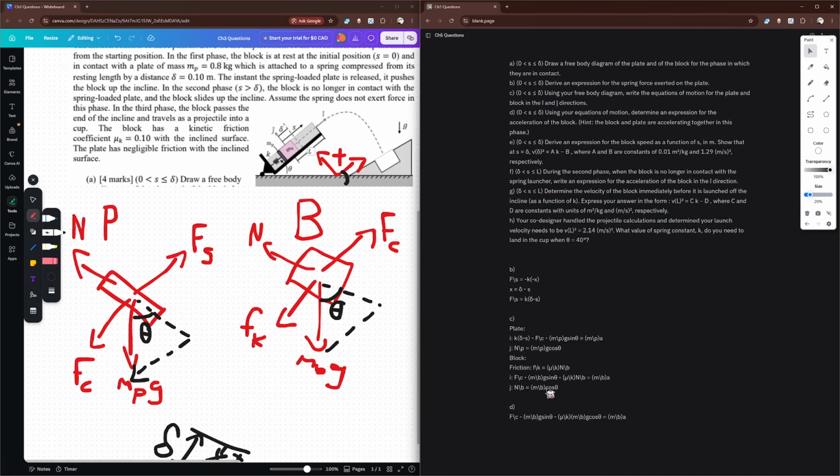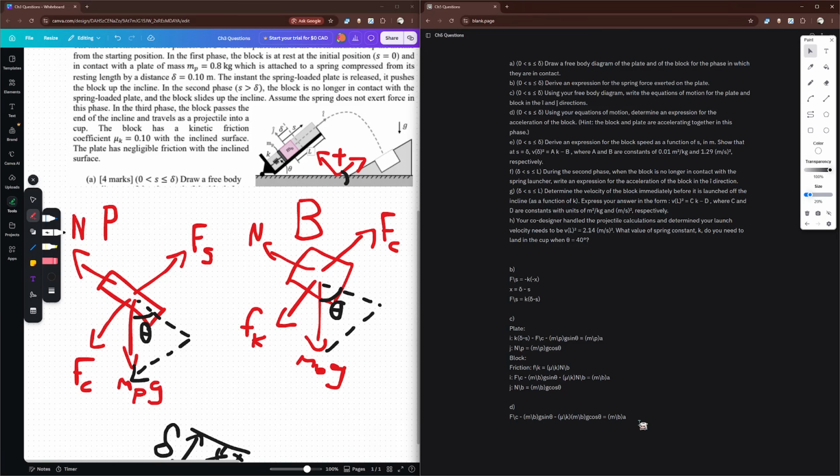I forgot a g here, so there's supposed to be a gravity here. That gives us this Fc. If you were counting our equations, we now have 1, 2, 3, 4, 5 equations. Now, we want the acceleration, and we know they're accelerating together.